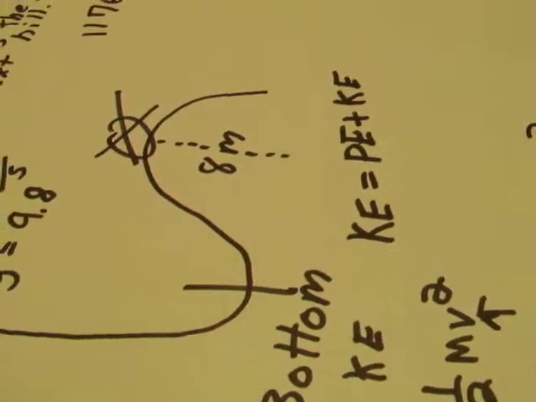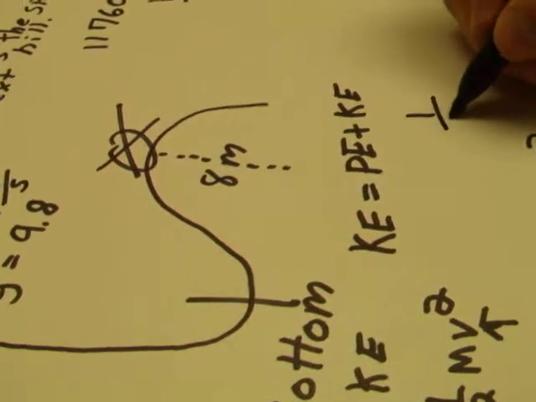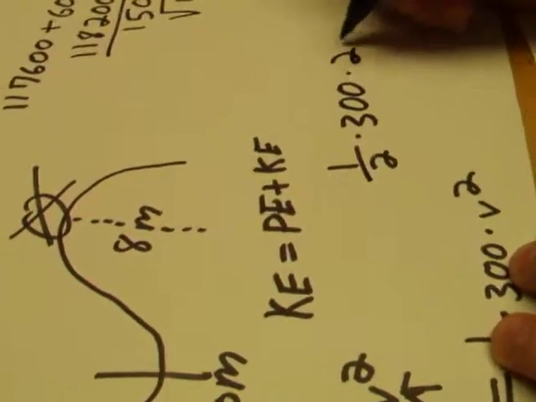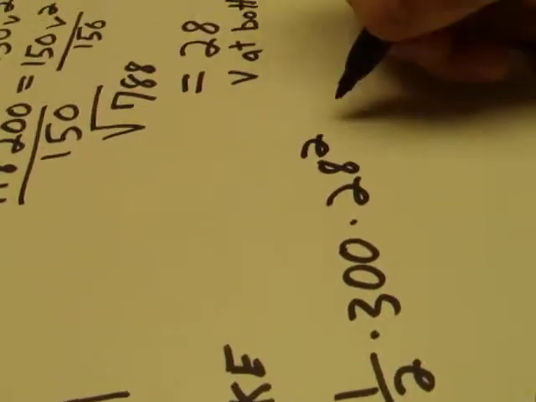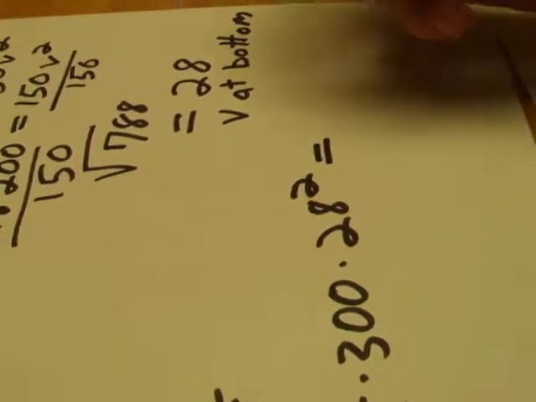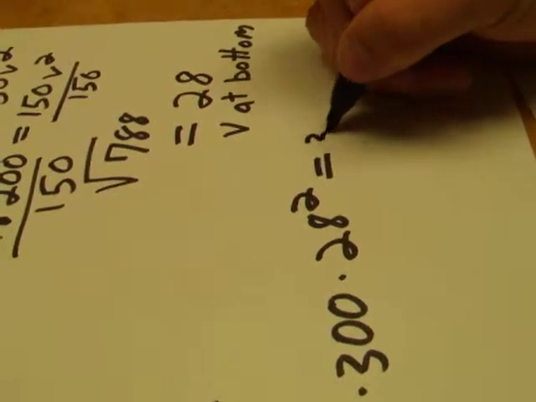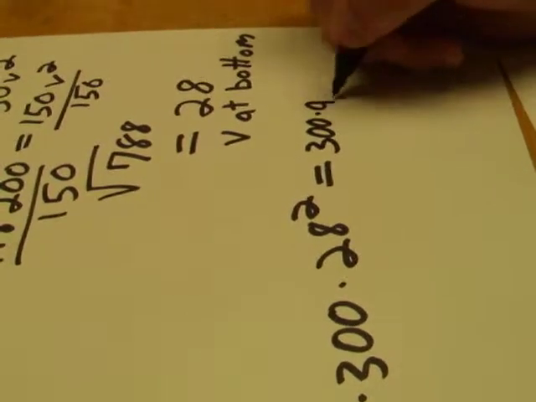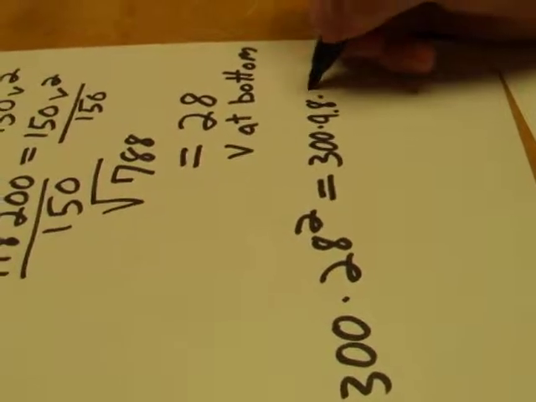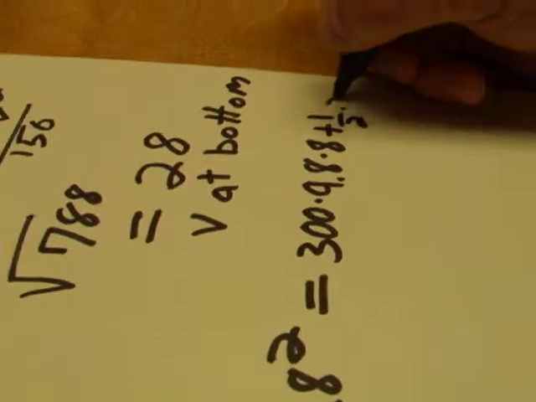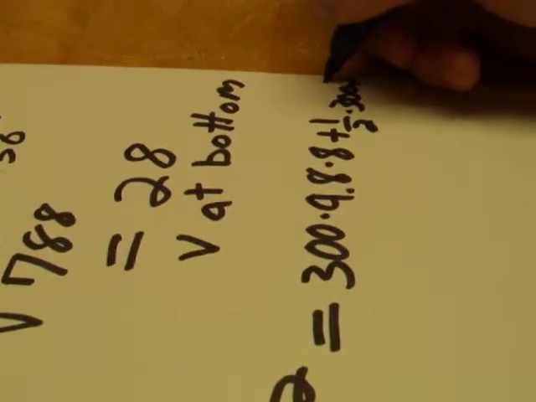So we know the velocity at the bottom, so 1/2, its weight didn't change, times 28 squared equals mgh, 300 times 9.8 times the height now is 8, plus 1/2 mv squared.